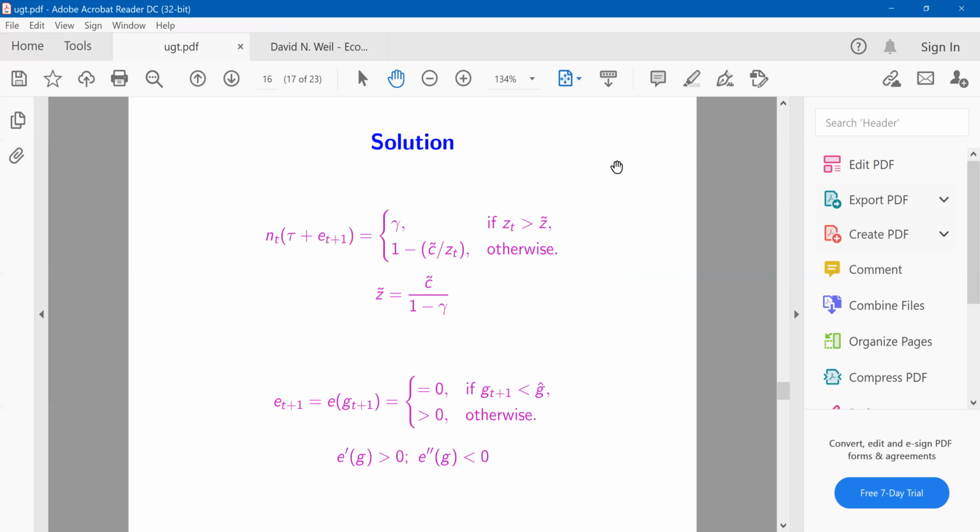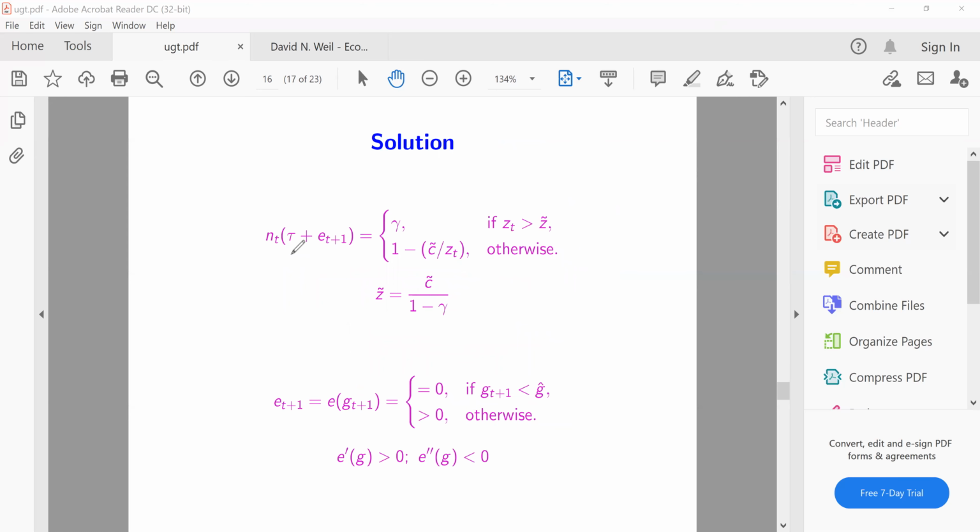Once you solve the model, you realize this. So this is the total amount of resources spent on kids, right? Time resources. So this one is again nursing, and this one is education, and this is fertility.